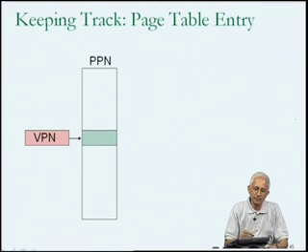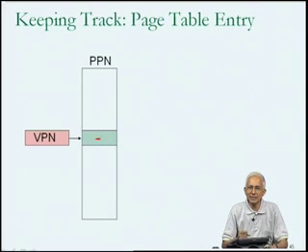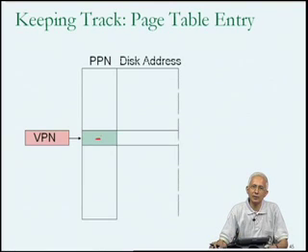Look at it this way: if there is a virtual page which is currently mapped to a physical page, then there will actually be an entry inside its physical page number. But if there is a virtual page which is not mapped to a physical page, then that means that it is not present in main memory, but clearly one must keep track of where it is present on the disk, for which reason we will add one more entry into each of the page table entries, and that is basically the disk address of that particular virtual page.